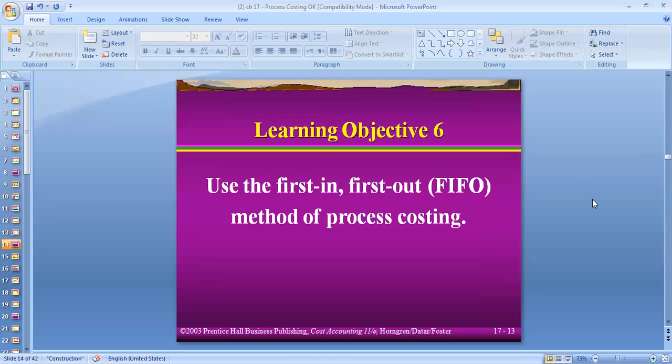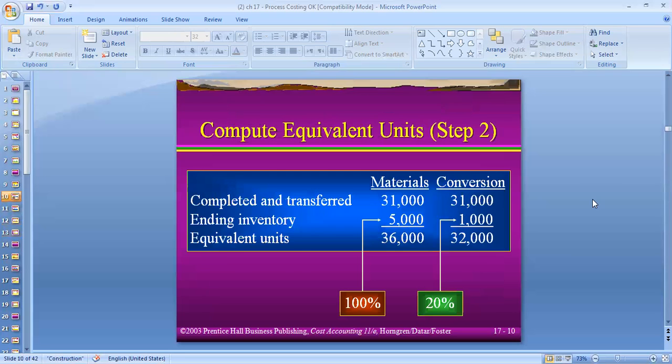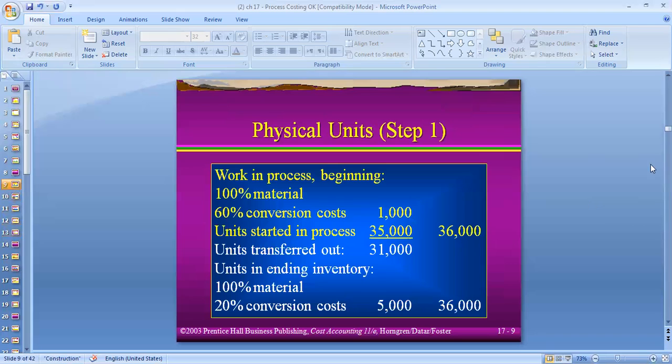Now, use the first in, first out FIFO method of process costing. Remember again, when we were using the weighted average method, we began with the 1,000 and the new 35,000, we added together as if they are new units.